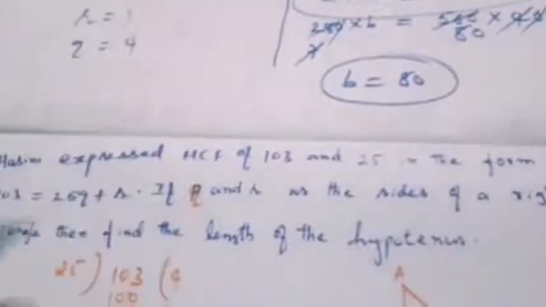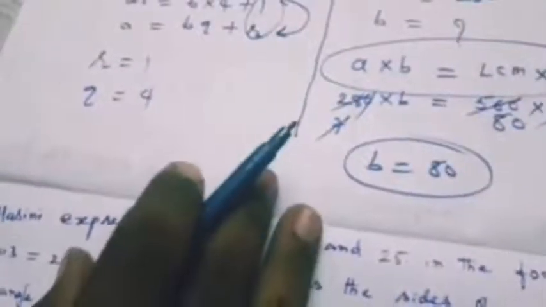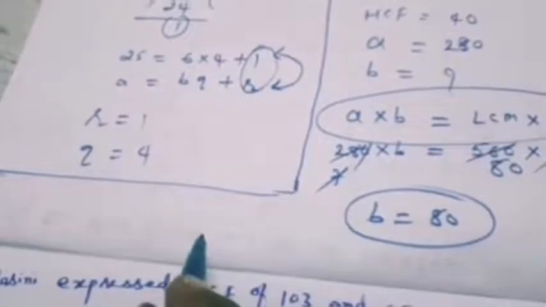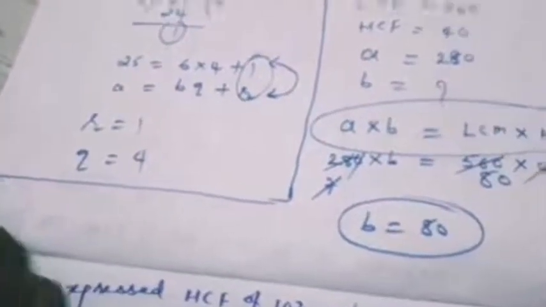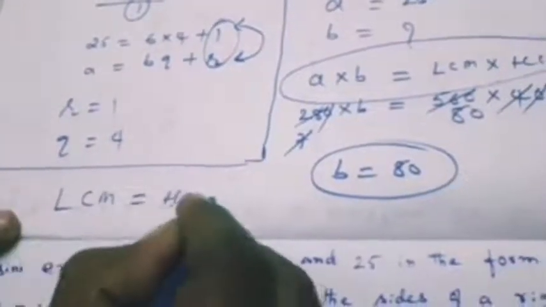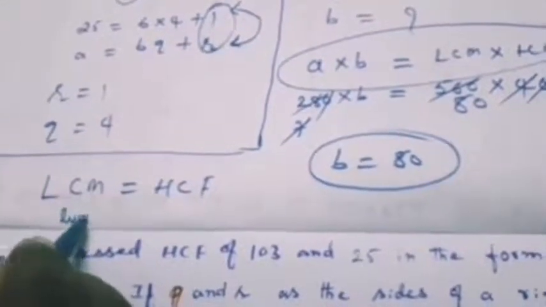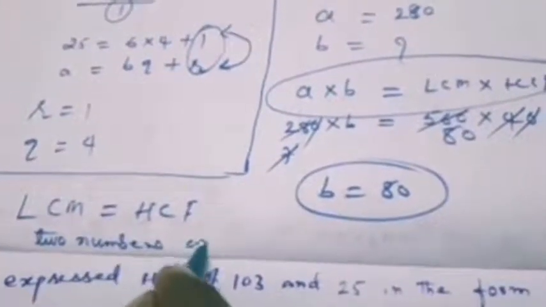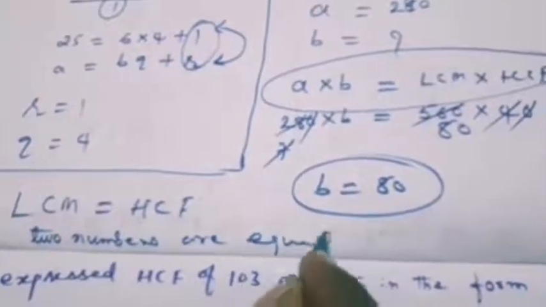And see, I will tell you one more thing. What is the condition when LCM equals HCF? When is it possible? It is possible when the two numbers are equal.